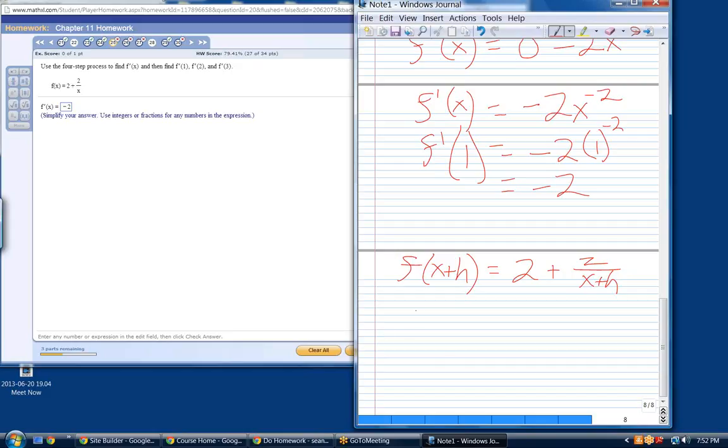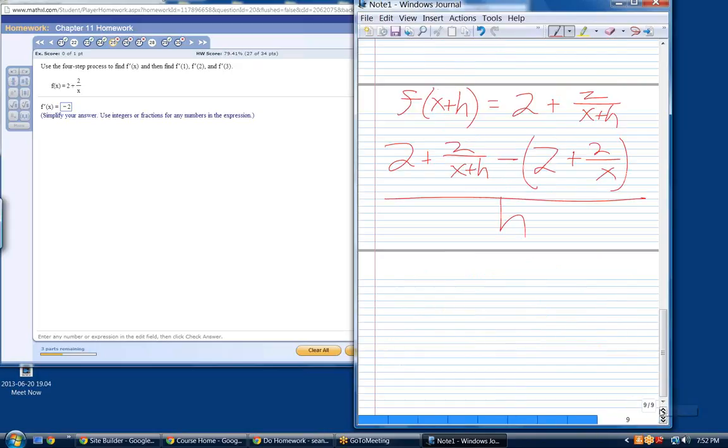Okay, so now f of x plus h minus f of x is 2 plus 2 over x plus h minus the quantity 2 plus 2 over x all over h. When we remove the parentheses, this 2 goes away, and we're left with 2 over x plus h minus 2 over x, all over h.